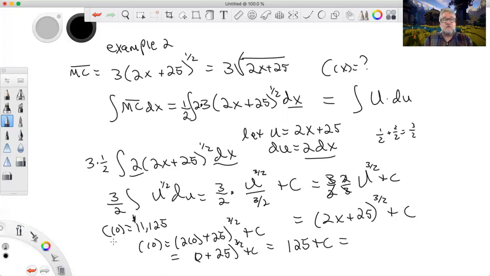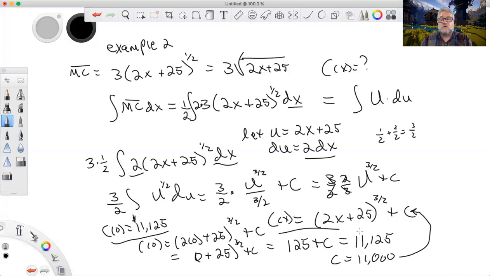And all of that, we're told, equals 11,125. So if I solve for C, C has to be 11,000. So that's what we're going to plug into the integration constant in order to write our total cost function.